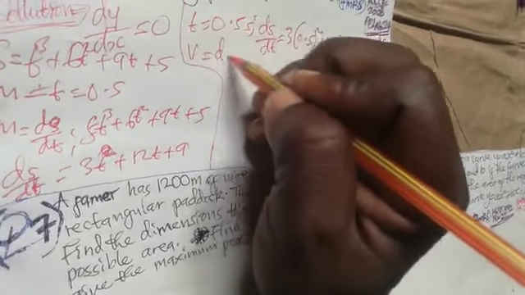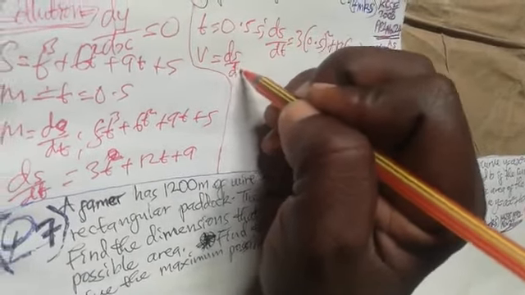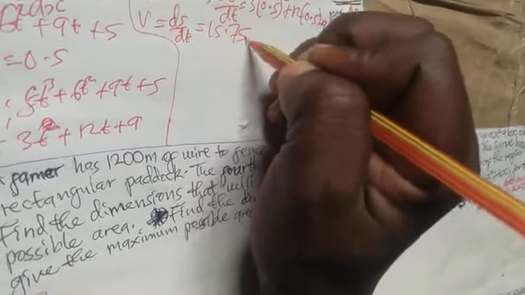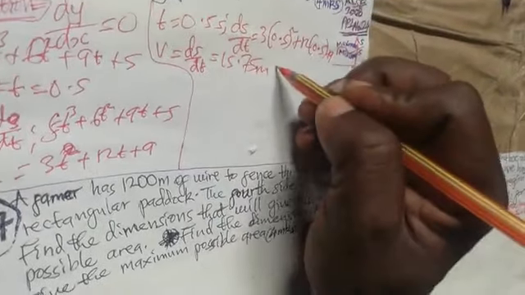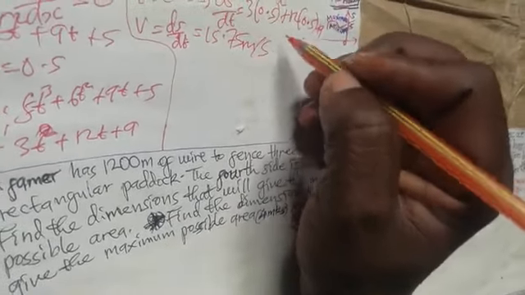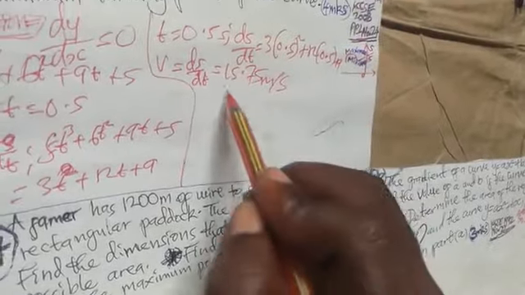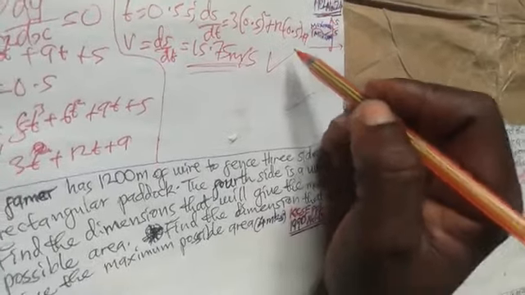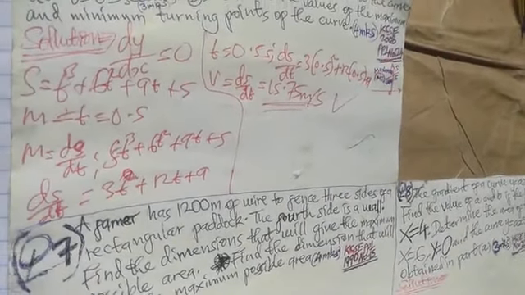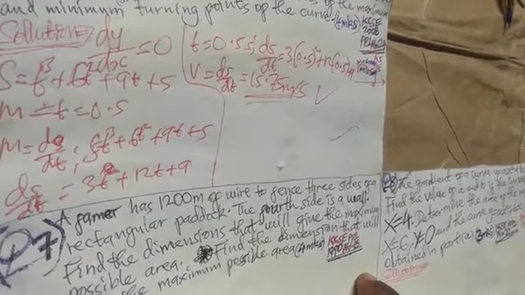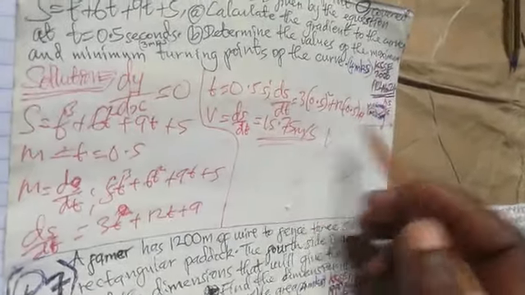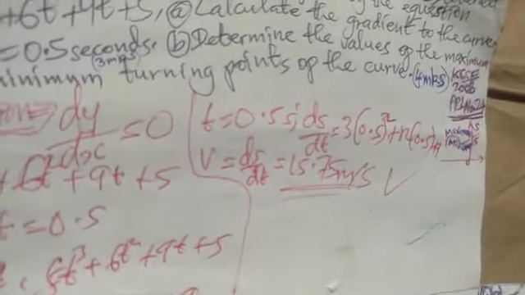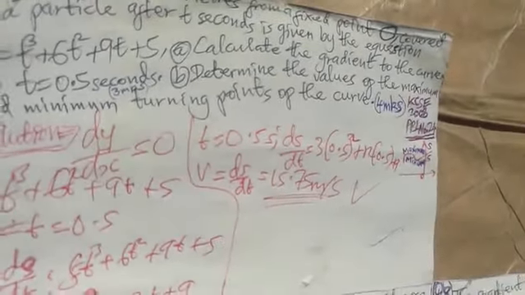V is the same as ds/dt, which is 15.75 meters per second. After calculating this, you get 15.75 meters per second as the answer. We have differentiated for the first part of the question.